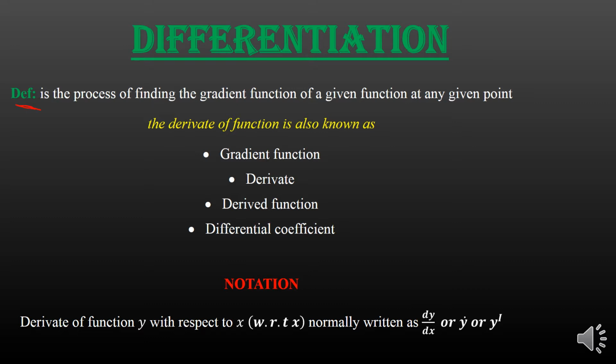That's it. And the derivative of a function is also known as what? It can be called the gradient function, second derivative, third derivative, fourth differential coefficient. These are other names that are given to the derivative of a function. Normally we have the notation that we use when we differentiate any function.